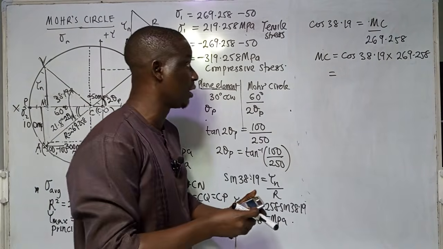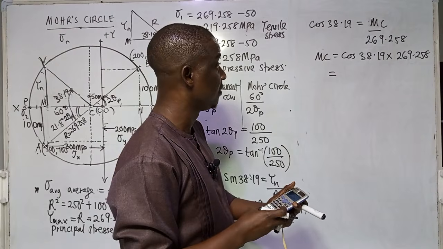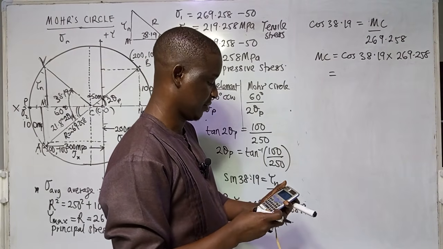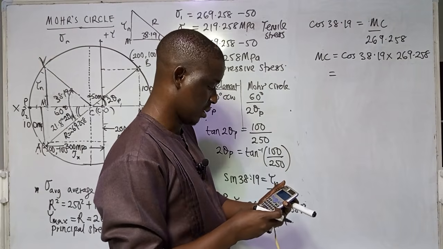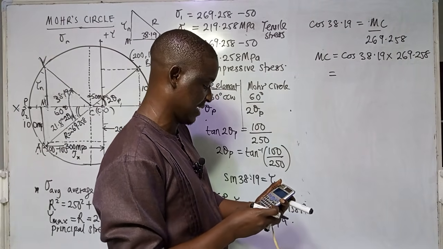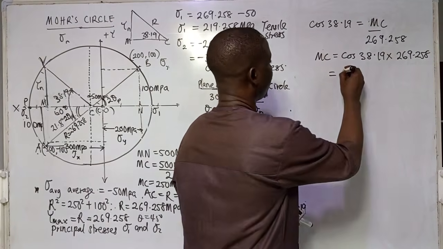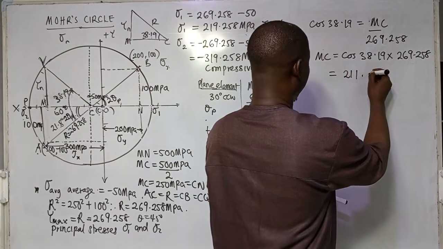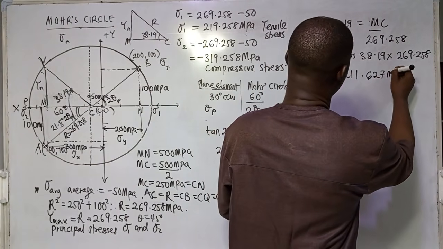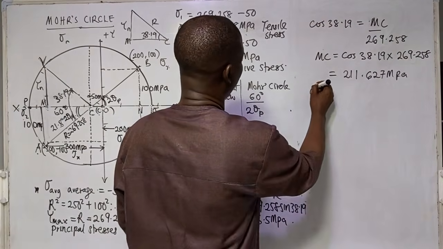To get MC, we have 269.258 times cos 38.19, that is 211.627 megapascal.